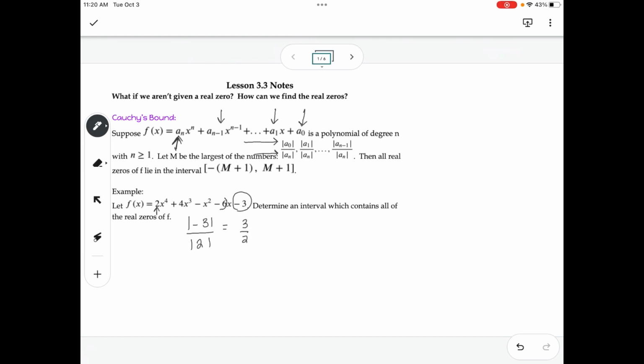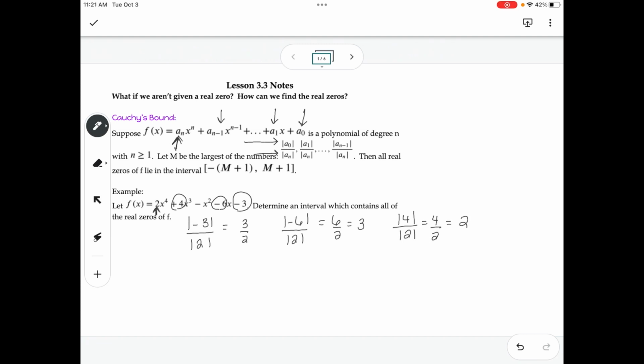Then my next coefficient, the absolute value of 6 over the absolute value of my leading coefficient, is 6/2, which reduces to 3. Then we go to 4, our next coefficient: the absolute value of 4 over the absolute value of 2 is 4/2, which is 2.